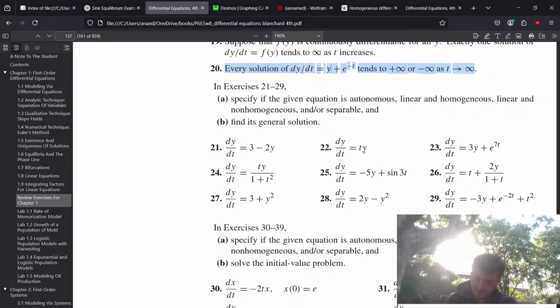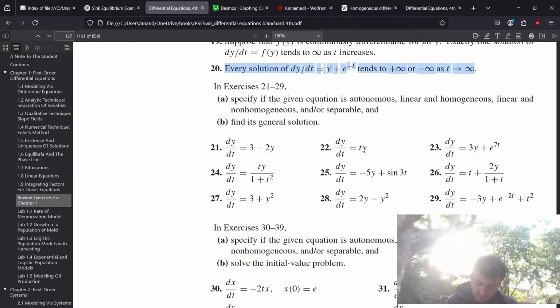So, okay, so it is equal to du over u. So we're going to get minus 1/2 ln u is equal to t plus c. So then we back substitute, we get minus 1/2 ln absolute value 3 minus 2y is equal to t plus c. We multiply by minus 2, we get ln 3 minus 2y is equal to minus 2t plus c.